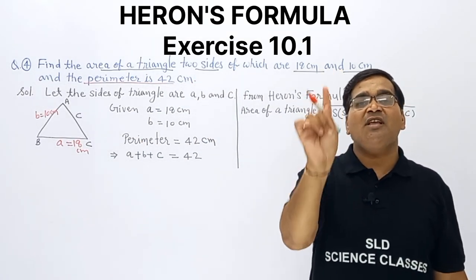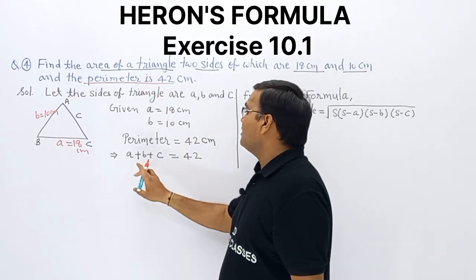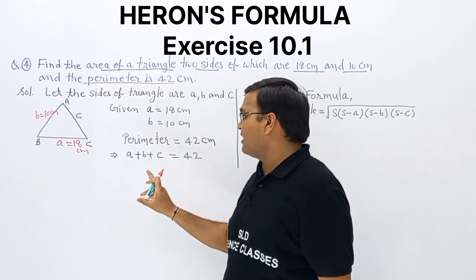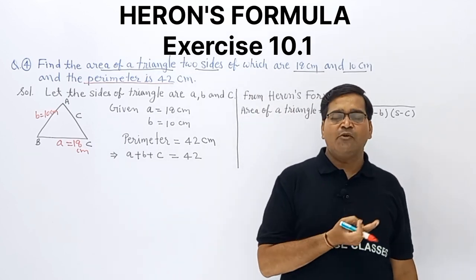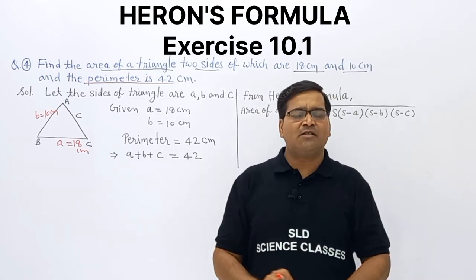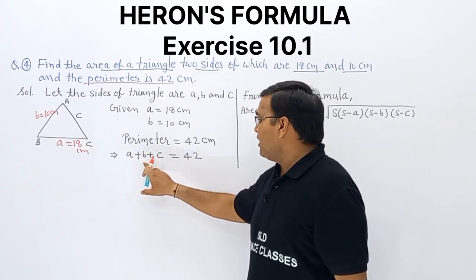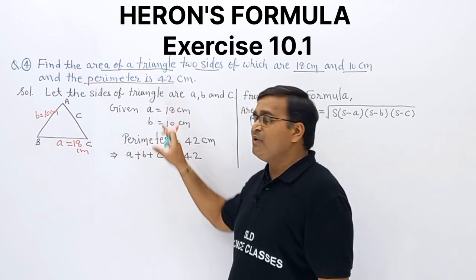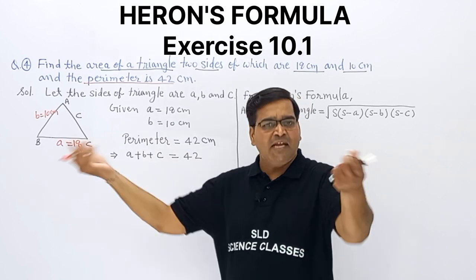Perimeter is the sum of all sides. The perimeter is 42 centimeters, given in the question. With this one data we can find the remaining side. Perimeter is the sum of all sides, equal to 42. Out of three sides, two we have, so we put both there and find the remaining side.